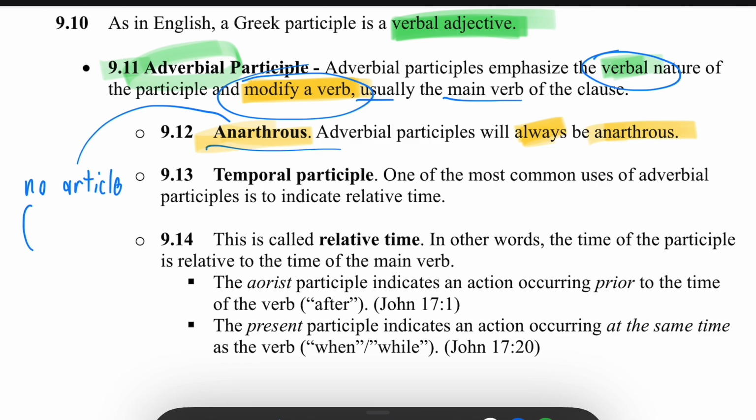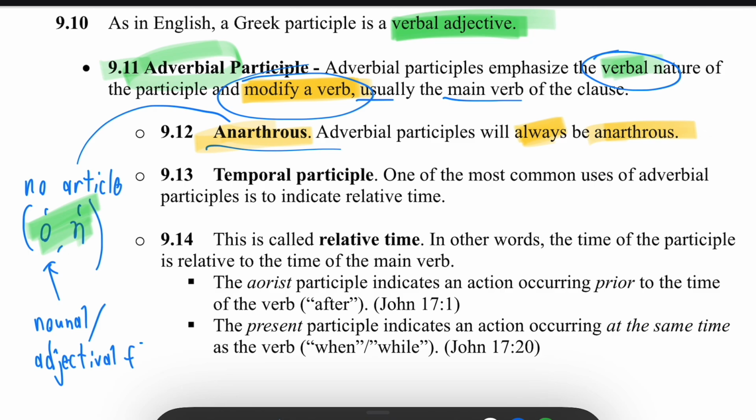So you're not going to see ha or hey, because these articles are cluing you in that something is having a nounal / adjectival function.